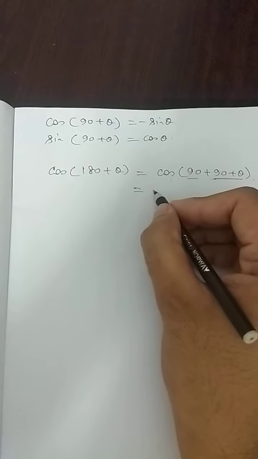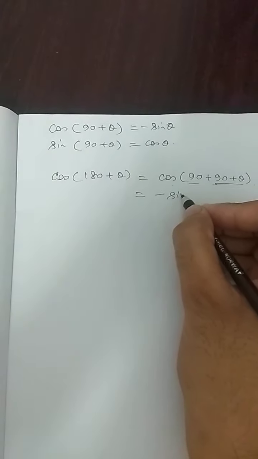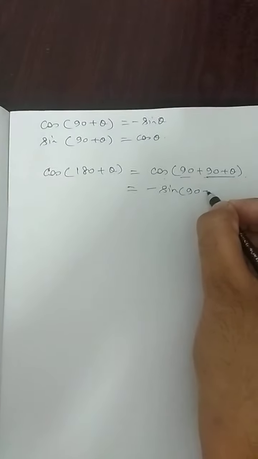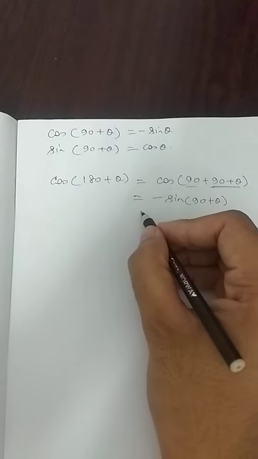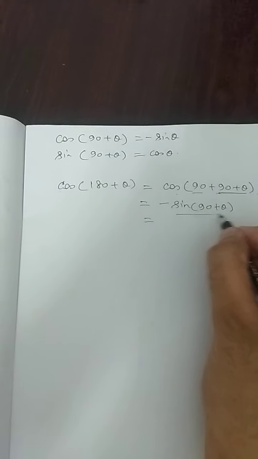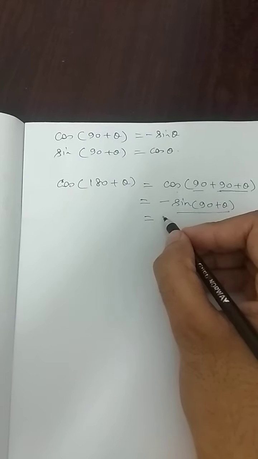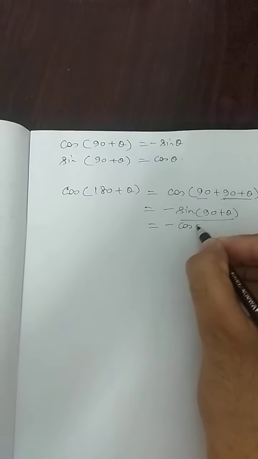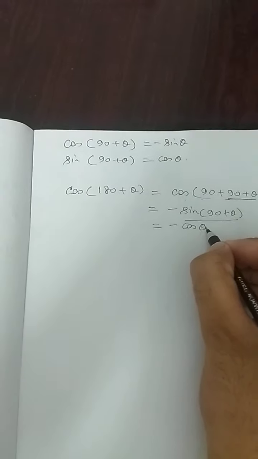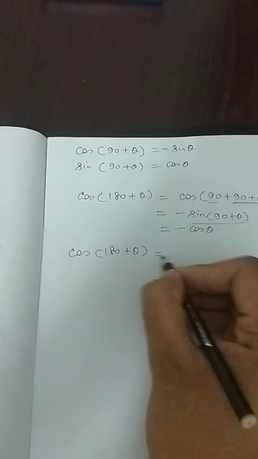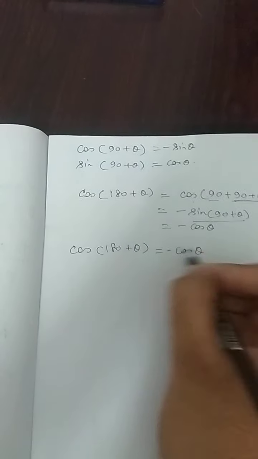Then we can write this as minus sine of 90 plus theta, and sine of 90 plus theta is cos theta, thus it will become minus cos theta. Hence we can write cos of 180 plus theta is equal to minus cos theta.